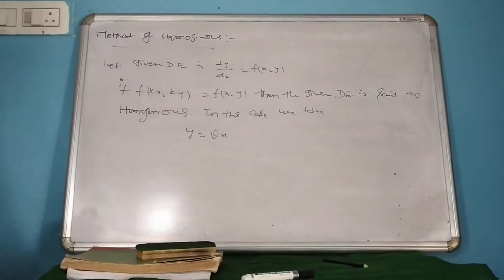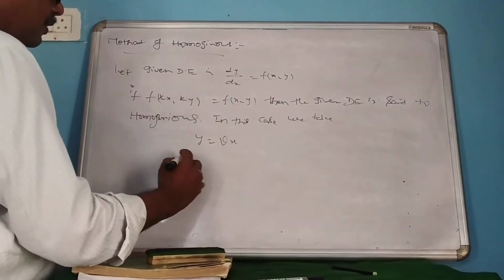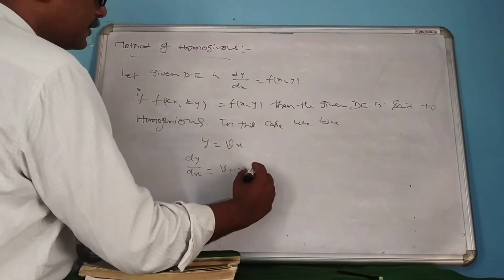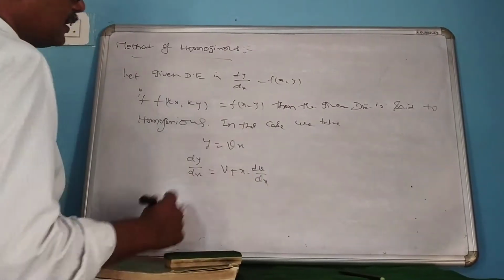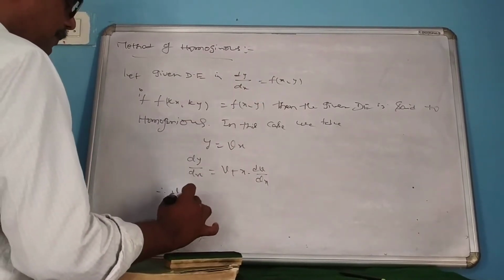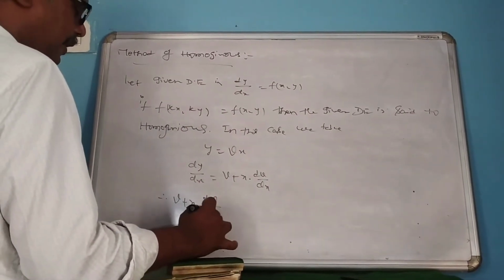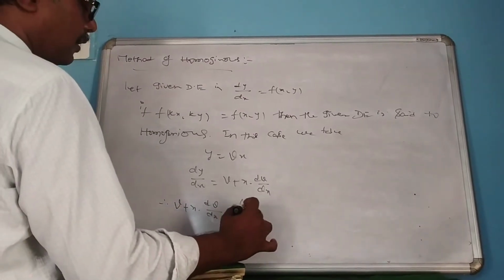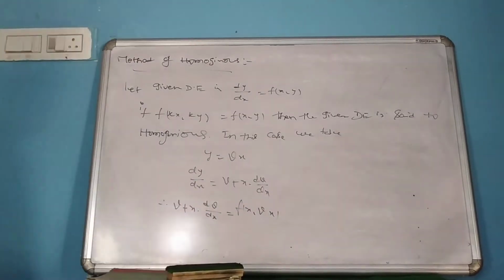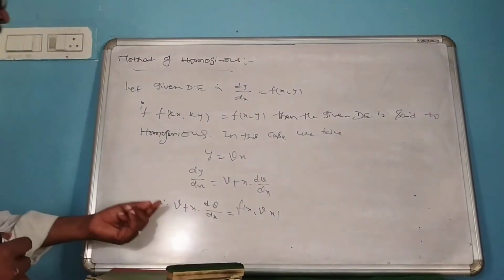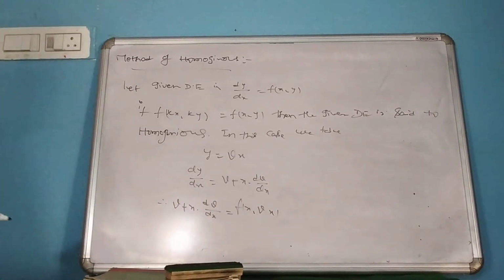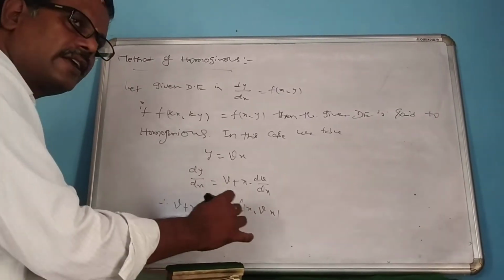Differentiating, dy by dx is equal to v plus x into dv by dx. Substituting in this, therefore, v plus x into dv by dx is equal to f of x, vx. Now substituting this and solving this will come into the method of variable and separable.